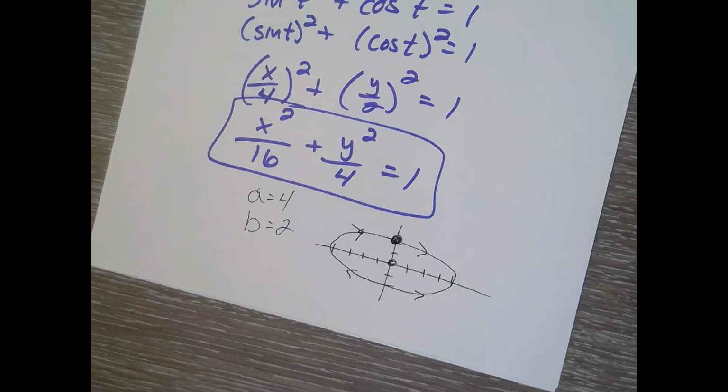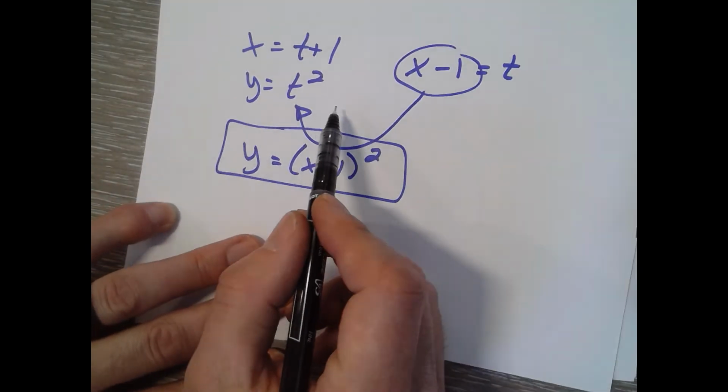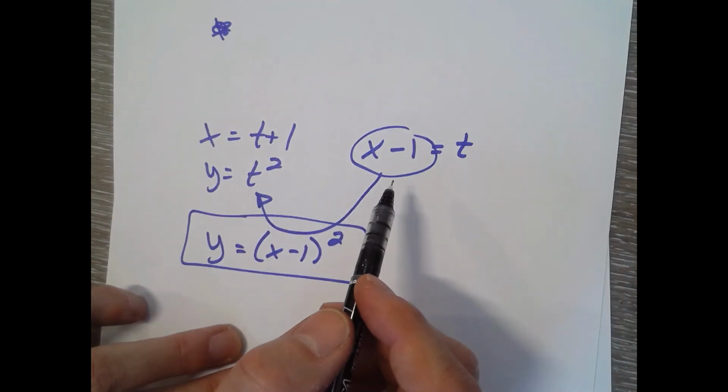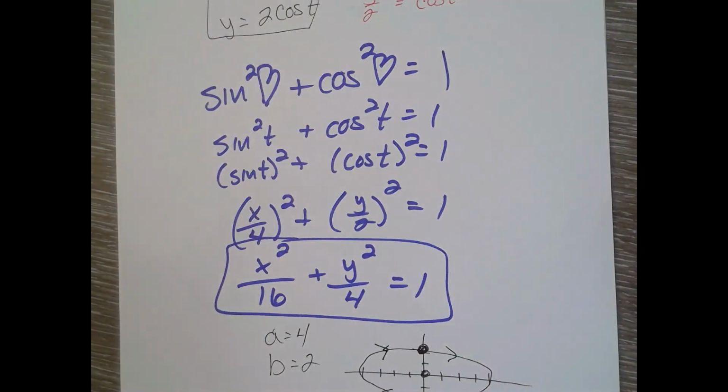Yep. If we wanted to, we could go back and graph our original parametric equation on the calculator, specifying the T min and T max. It'll do it for us. All right.